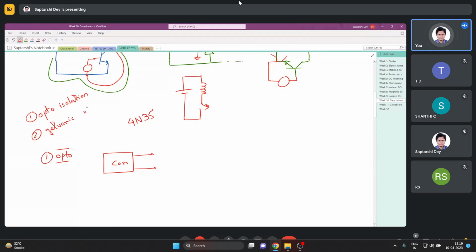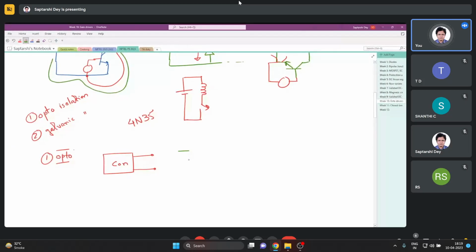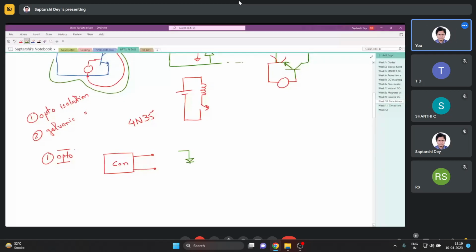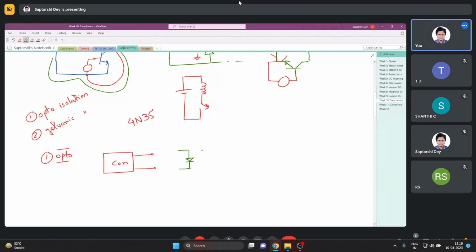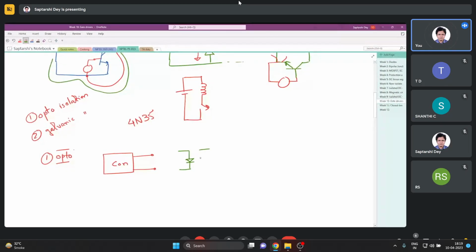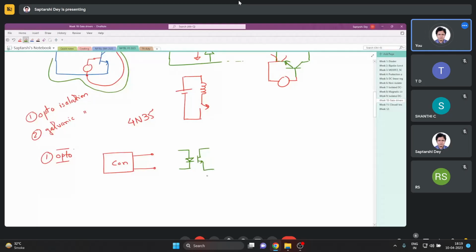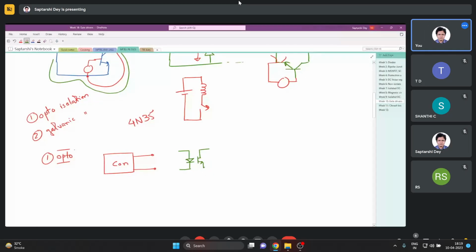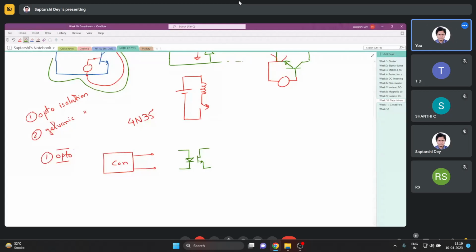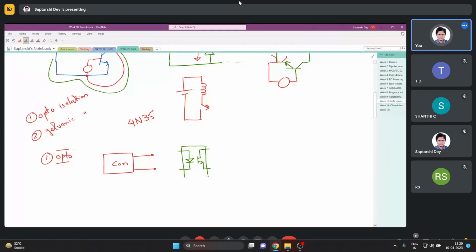Now there is one optical isolator here, or we also call it an optocoupler. The optocoupler IC looks like this. It has a photodiode that emits infrared, and it has a phototransistor that is sensitive to that infrared, and they are packed in the IC like this. So this is the IC that you get.